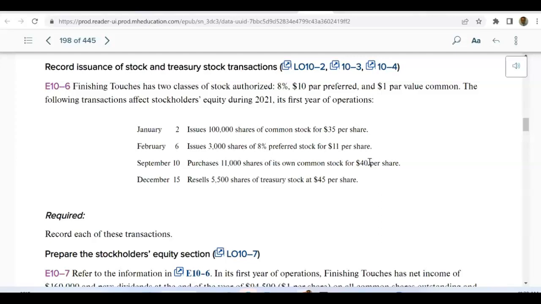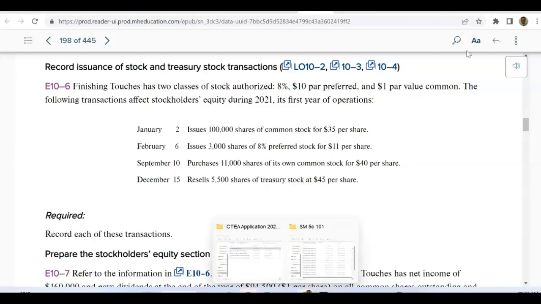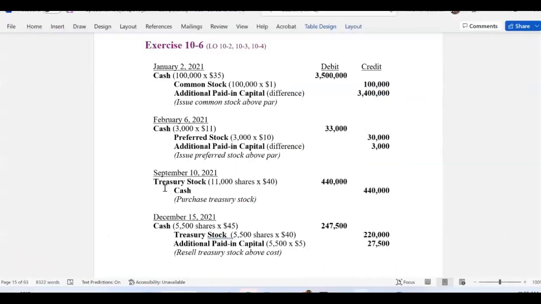So they paid $40 on September 10th, 11,000 shares, and the journal entry is treasury stock. That's a debit. That's a contra account for equity.